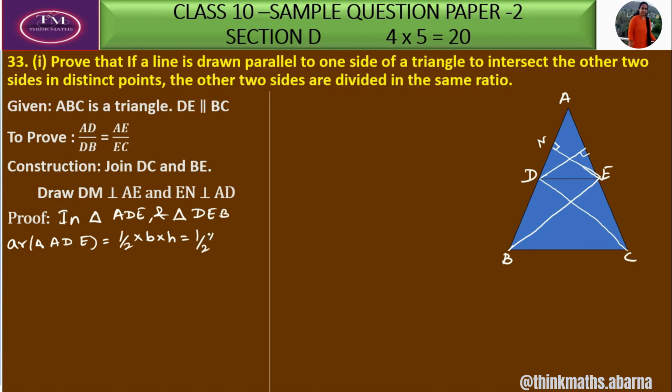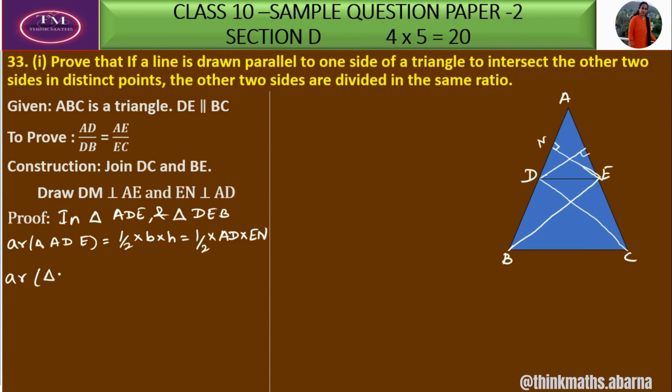So in triangle ADE, as we took the left side, here also I am going to take the left side AD as the base. If AD is the base, then EN will be the perpendicular. So half into AD into EN.